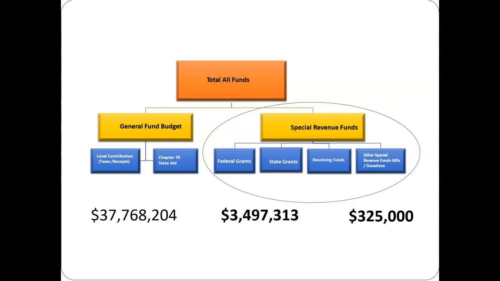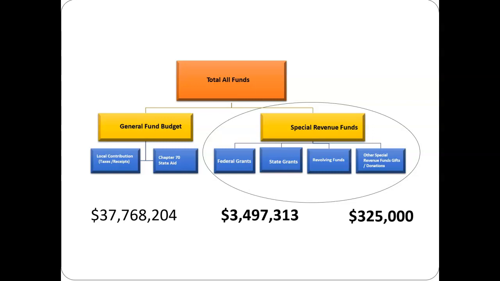So here's a bar graph that shows what the total of all funds are. On the left-hand side, you have the general fund budget. This is the fund that's supported by the local appropriation at the annual town meeting through the tax levy.